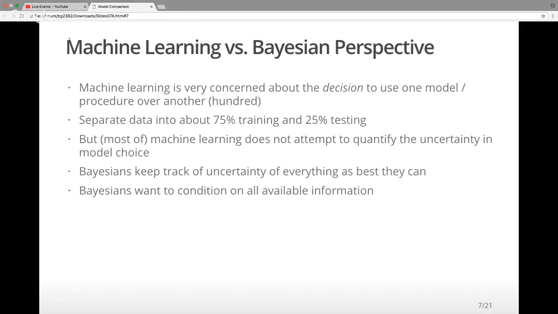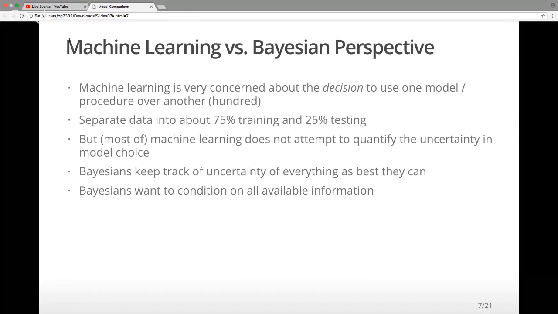And so it may have occurred to you last semester that this idea of separating your data into 75% training, 25% testing, or something like that, is kind of an expensive way of getting some observations in the testing data set that are not implicated in the parameter estimates when you don't have a whole lot of data to begin with.